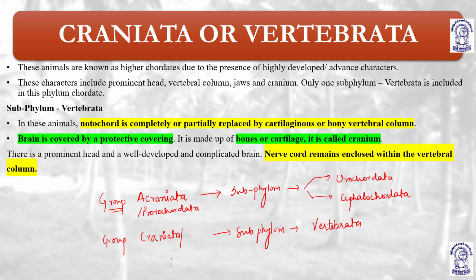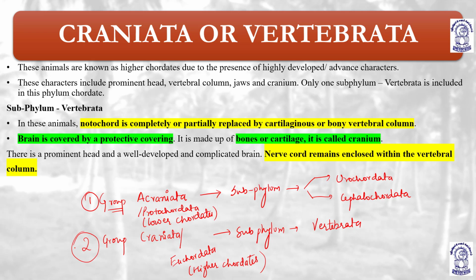They are known as Euchordata or higher chordates, and the others are known as lower chordates. Understood? I think this will help you to understand the classification.